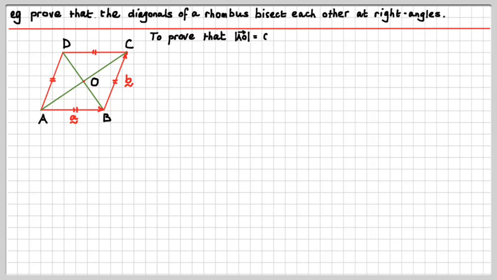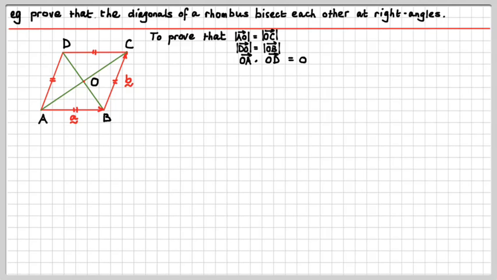Now let's have a look at how we're going to do this. We've got to try and prove that vector AO, which is a part of the diagonal, is equal to OC. We also have to prove that the magnitude of vector DO is the same as the magnitude of OB. That will prove that the diagonals bisect each other.